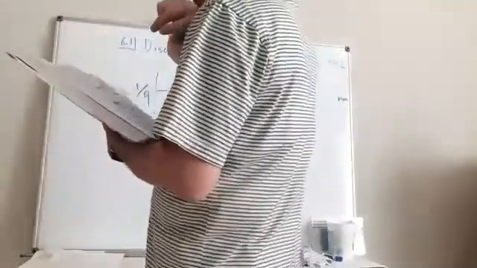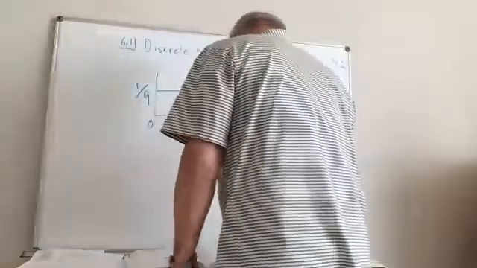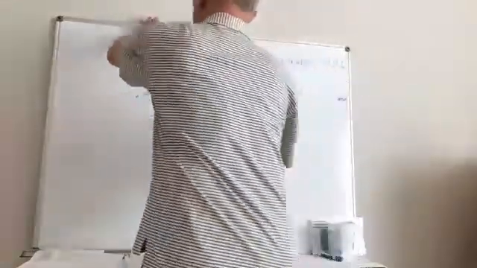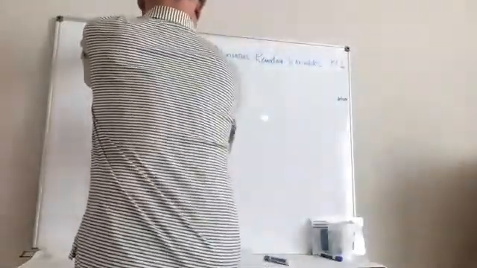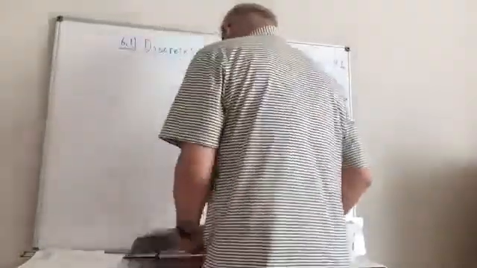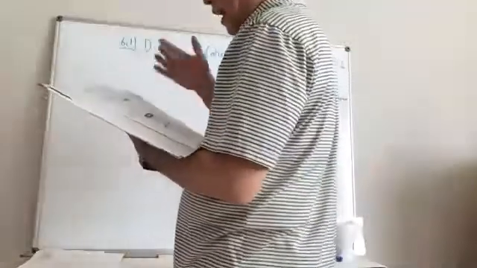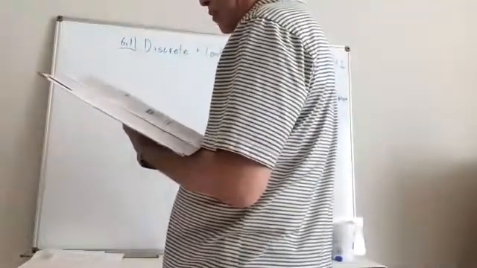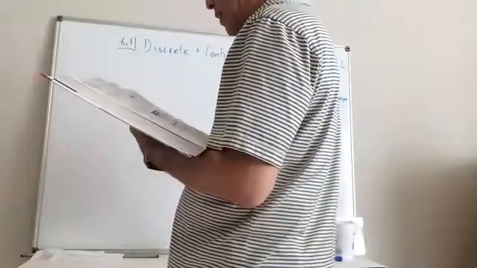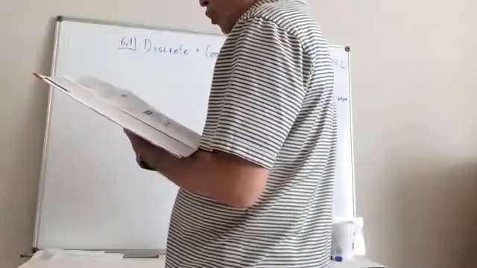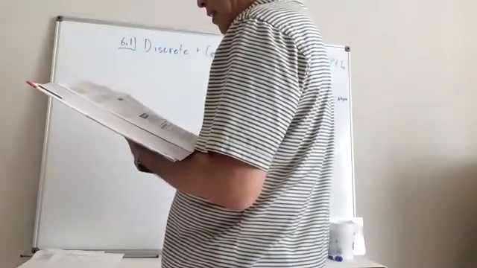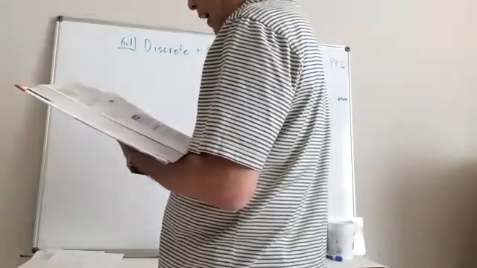Let's see if we can do the example on page 373 where it says young women's heights. The heights of young women can be modeled by a normal distribution with a mean of 64 and a standard deviation of 2.7. Suppose we choose a young woman at random and let y be her height.